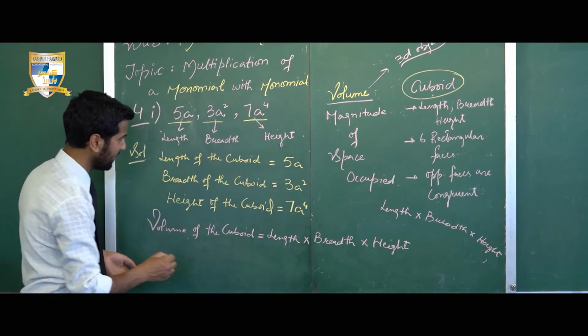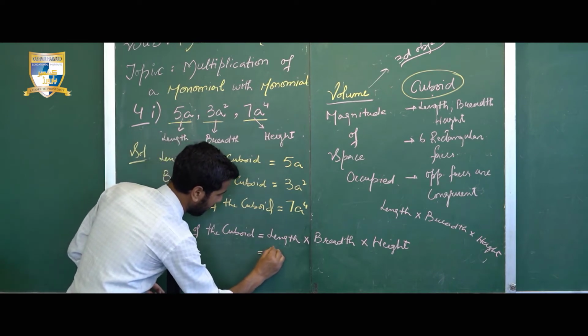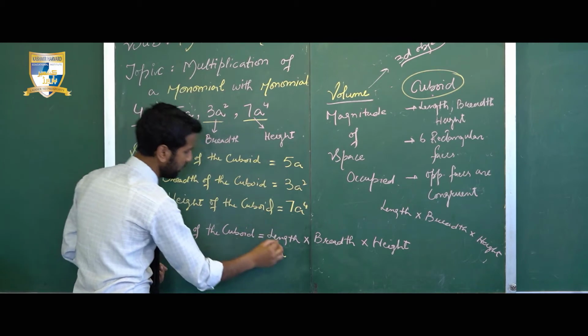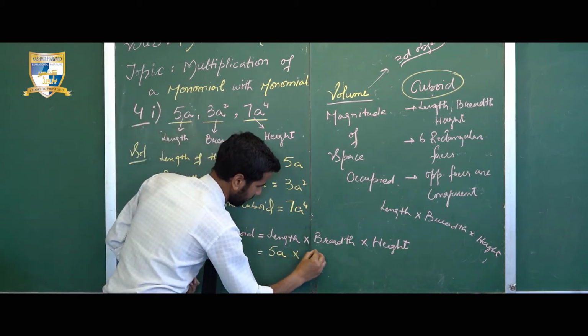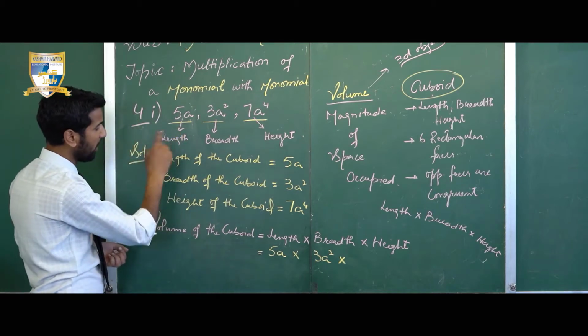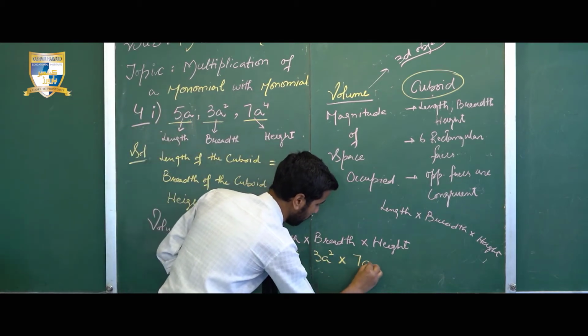So what is the length here? It's 5a. What about breadth? It's 3a square. And what about height? It is 7a raised to the power 4.